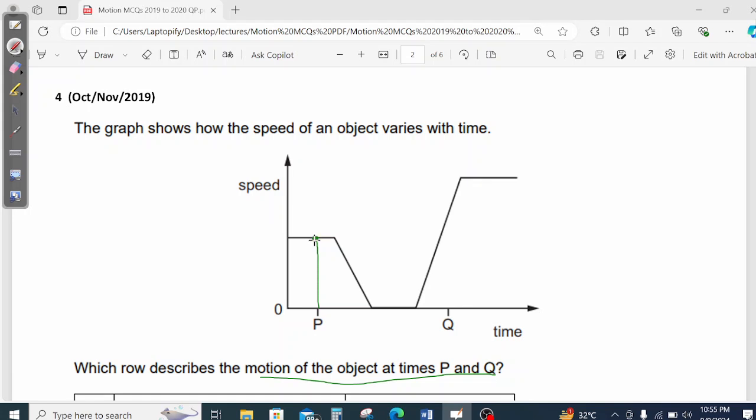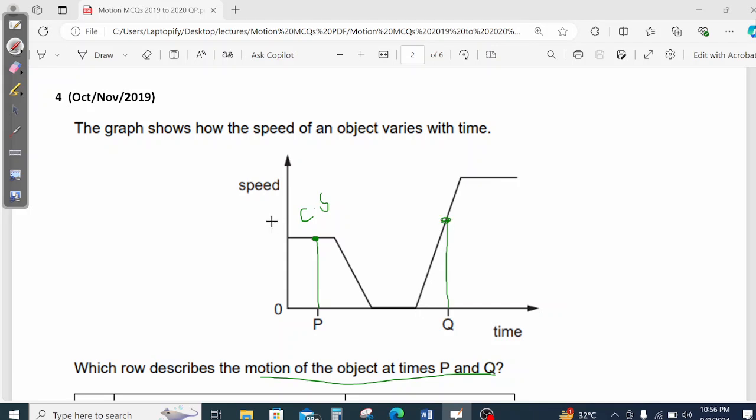In a speed-time graph, when you get a horizontal line, it means the speed of your body is constant. So at P the speed of your object is constant. But if you look at Q, yes, it hits at this region.